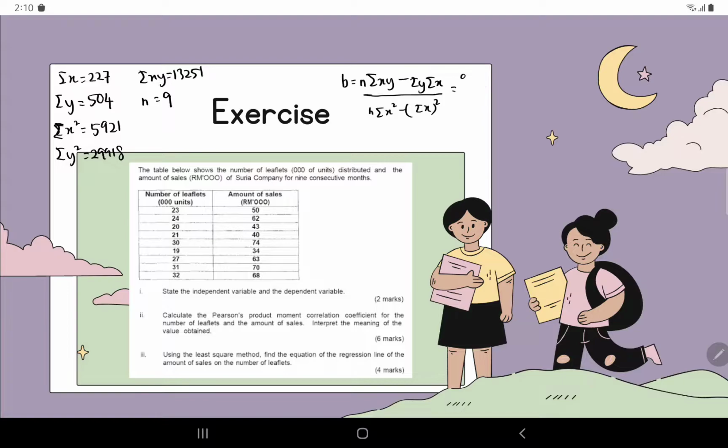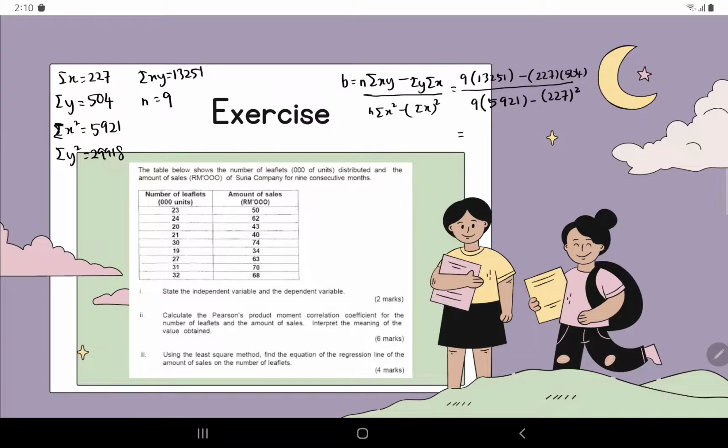Our n is 9 times total of xy, 13251, minus total of x times total of y, 227 times 504. If it is reversed, it does not matter, it is the same. Then n times total of x square minus total of x, and then squared outside.